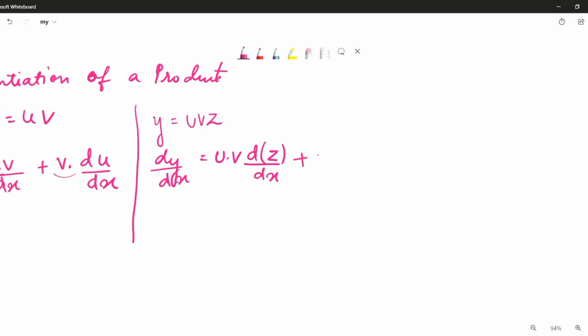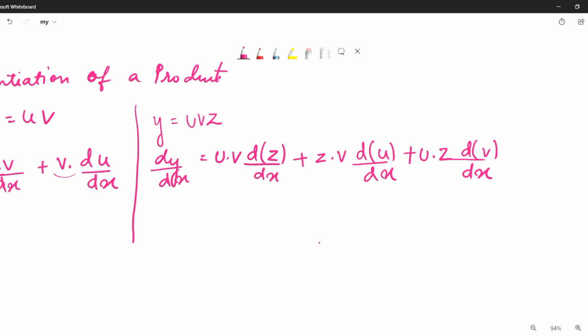Now plus taking z and v as constant, differentiating u. Then again plus taking u and z as constant, we will differentiate v with respect to x. So in this way we do differentiation of a product.